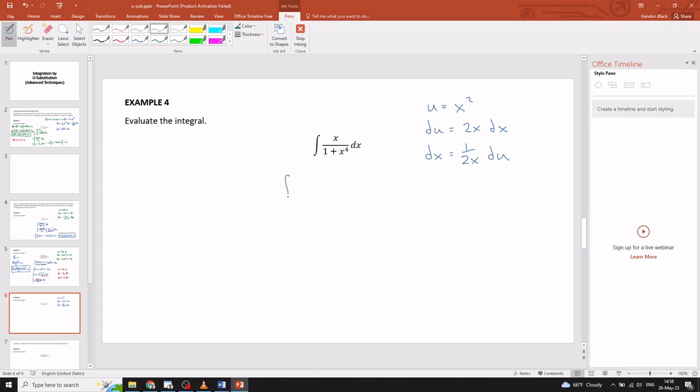So now we have the integral of x over 1 plus x to the 4th, which would be u squared, and then dx is 1 over 2x du. The x's cancel. We can pull 1/2 to the outside of the integral.